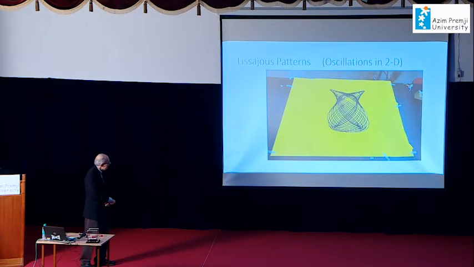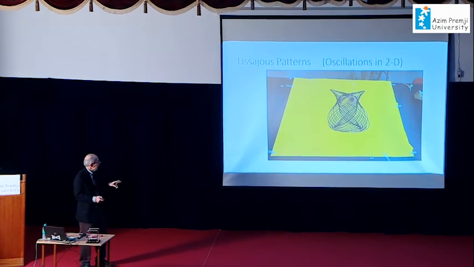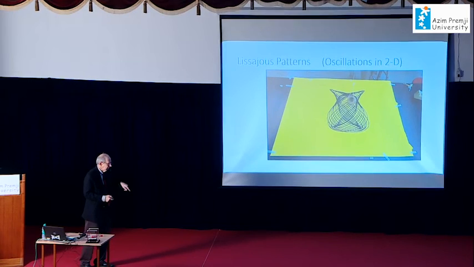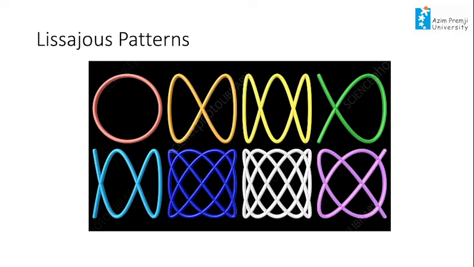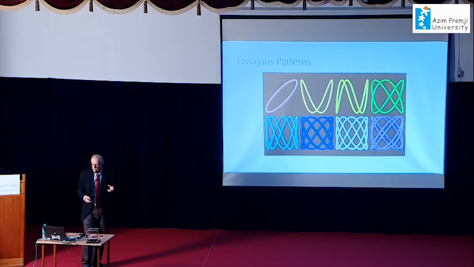Again, that's a pendulum moving in two dimensions. Now, we can change the back and forth and to and fro motion, and we can get all of these shapes as well. And if we change when we start it, we can get any of these shapes.